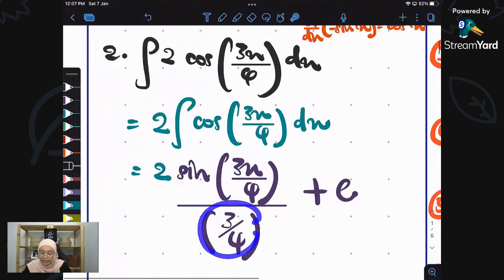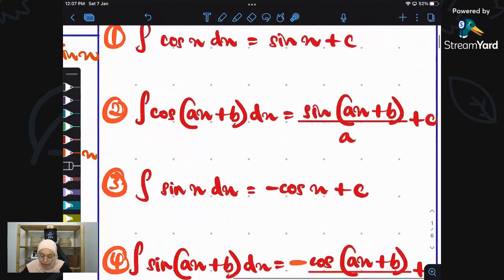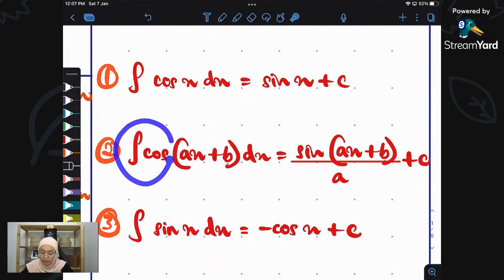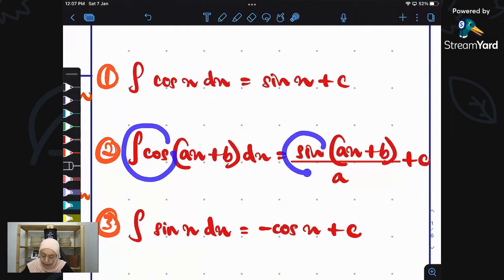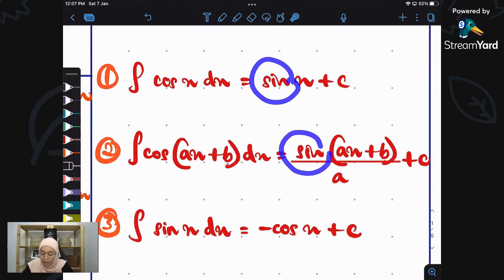Why do we have to divide by 3/4? It is just because differentiating inside the bracket, differentiating 3 over 4 x, is actually 3 over 4. So it should be there as well, using the formula: integrate cos is sine. Not negative, only sine. But if you have a linear that is a bit longer, I mean ax plus b, differentiating ax plus b gives you a.